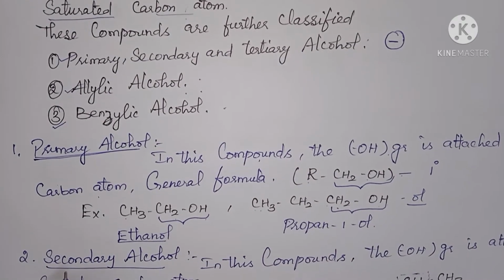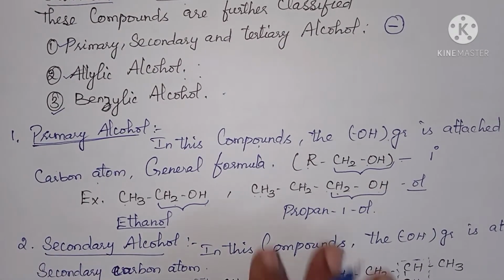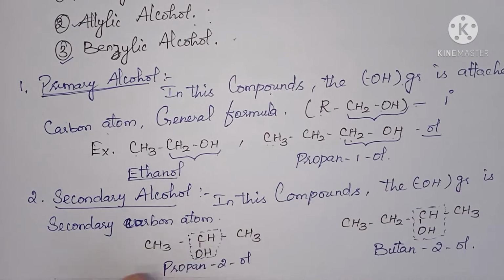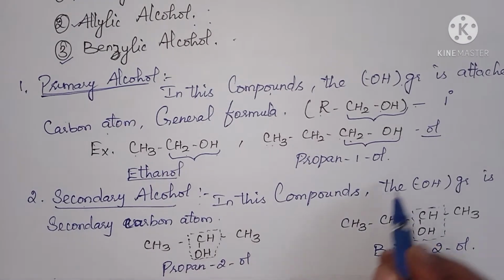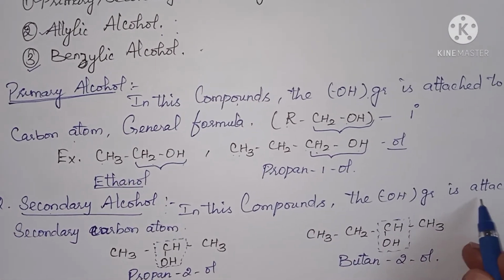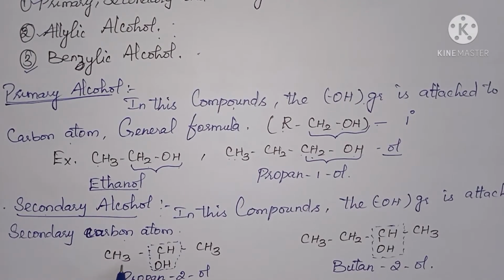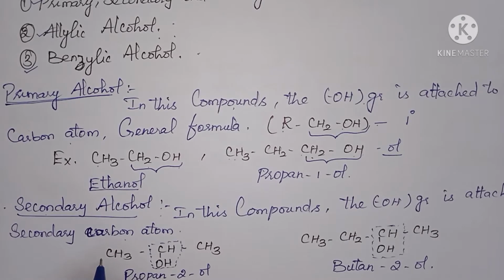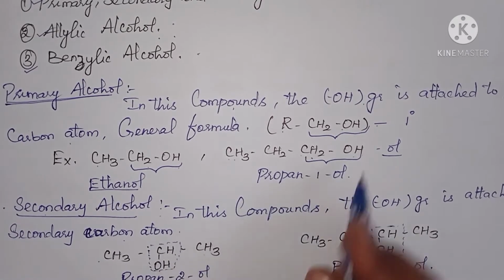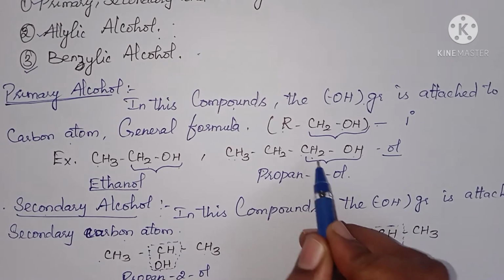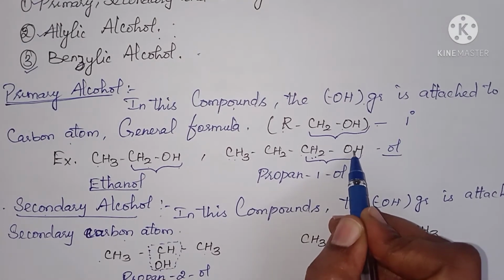Okay. Now secondary. When you come to secondary, you can easily differentiate it from primary. So in a secondary alcohol, the OH group is attached to the secondary carbon atom. So what does a secondary carbon atom mean? CH3, CHOH, CH3. Now usually note the point here: CH2OH means what?